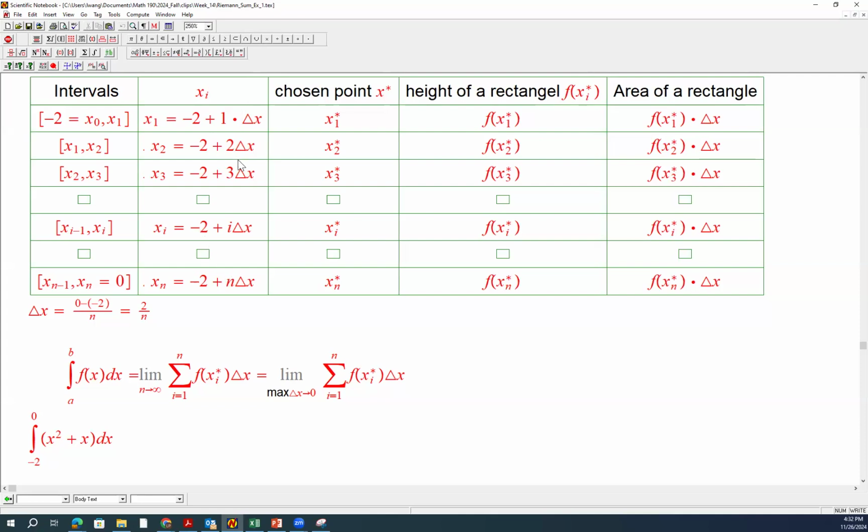So we already have a pattern: x1, x2, x3, all the way to xn, and for all of these, x1 star, we chose it to be x sub 1, even though we have the freedom to choose any one we want. We can choose left or right, but any choice will lead to the same limit. So why don't we just choose the easiest one? This is how we're going to choose the easy one.